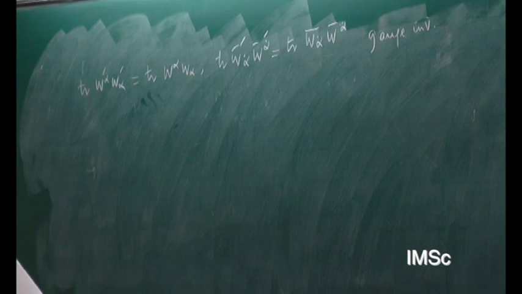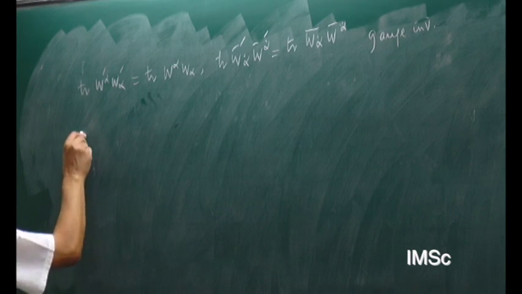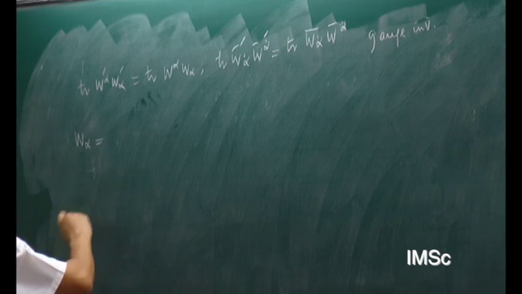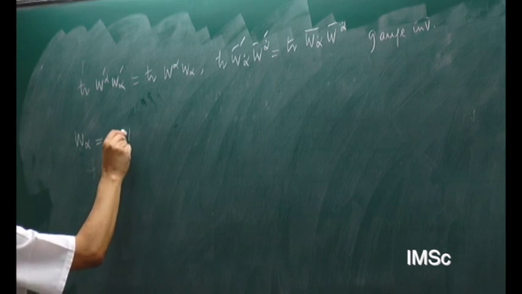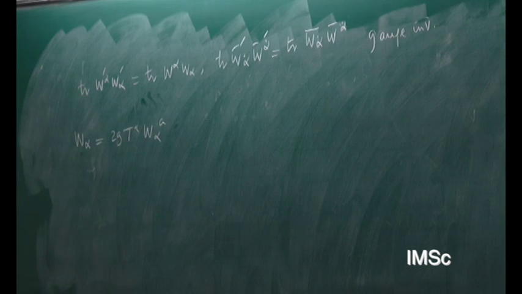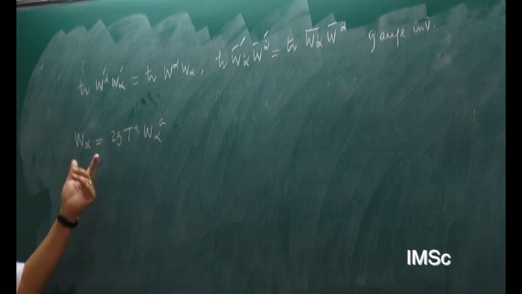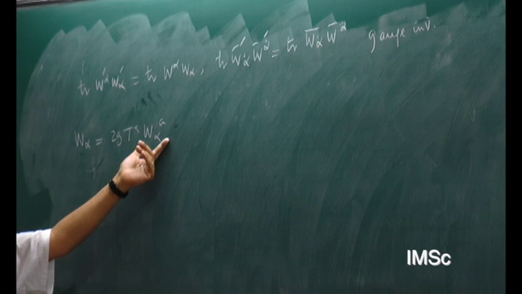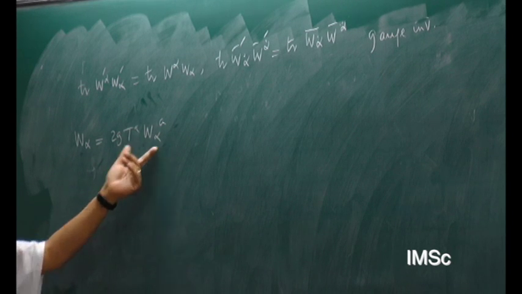Now let me write W alpha. This is a matrix valued object 2g T^A times W alpha A. Pull out the W alpha superfield from this.